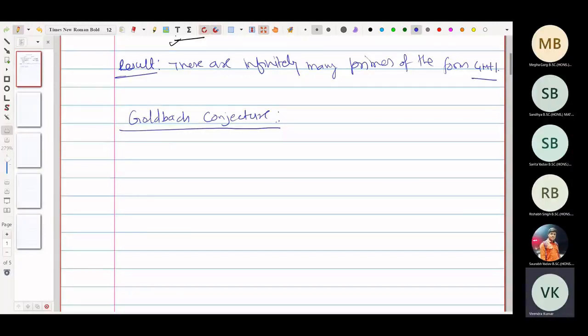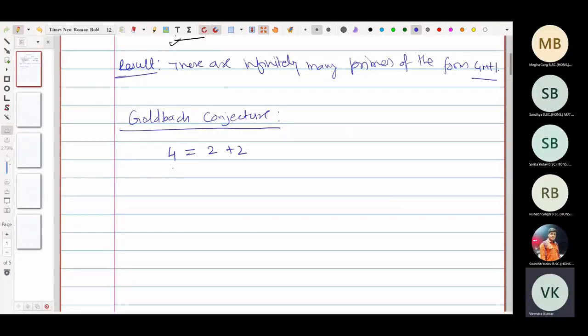Goldbach conjectured, based on certain examples, that every even integer greater than 4 is the sum of two primes. Goldbach is talking about any even integer greater than or equal to 4. So let us take 4: we can write 2 plus 2.